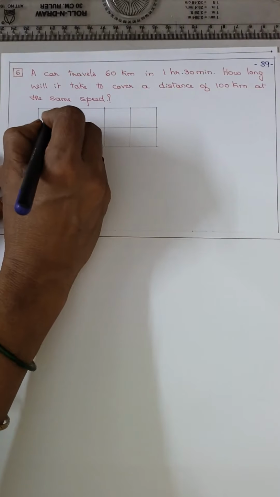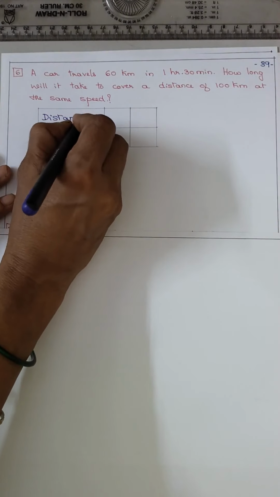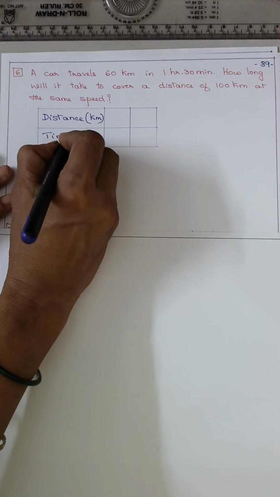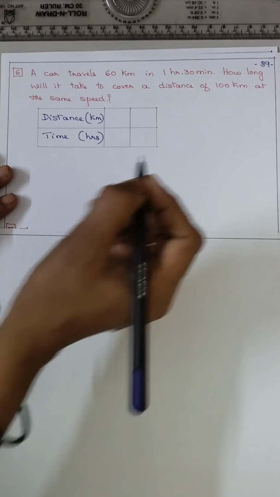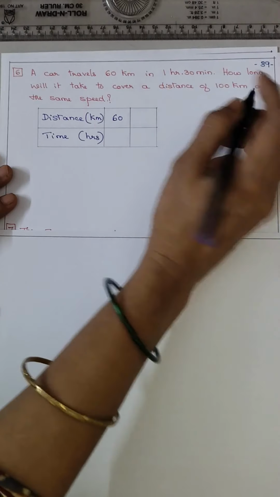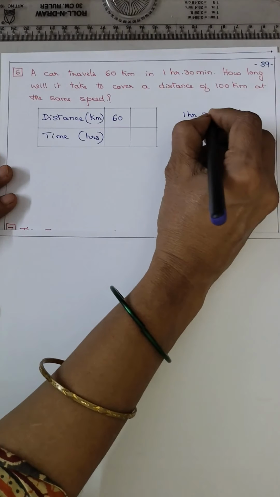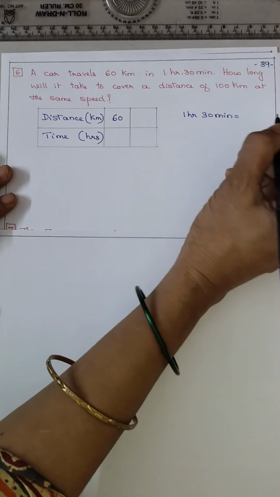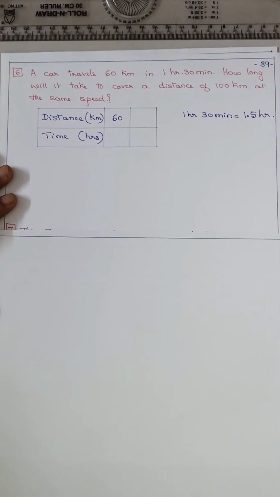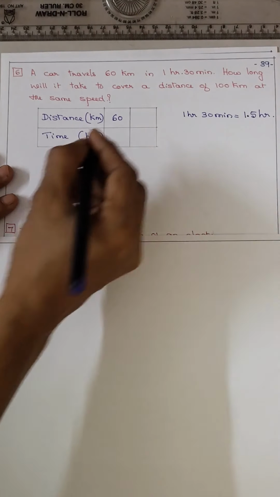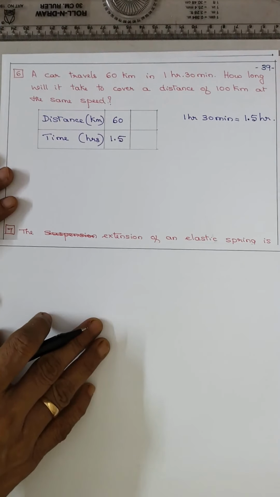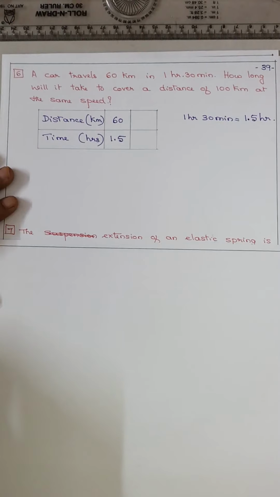So, first distance is given in which unit? Kilometer. And time, you take it in hours. Okay. So, 60 kilometer के लिए 1 hour 30 minutes can be written as 1.5 hours. है ना? कैलकुलेशन के लिए इजी होता है, इसके लिए हम ऐसे लेंगे.